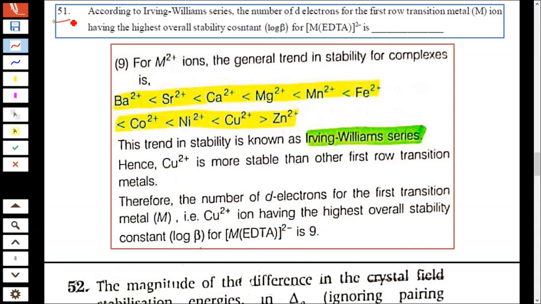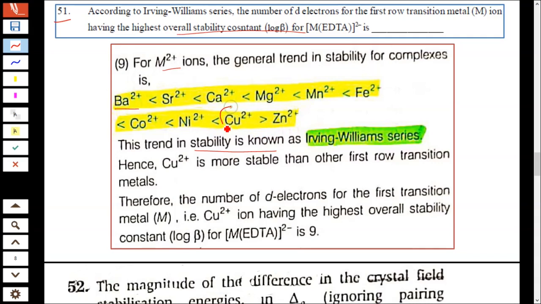Question number 51. According to the Irving-Williams series, the number of d electrons of the first row transition metal M2+ ion having the highest overall stability constant is... The Irving-Williams series is the increasing order of the trend of stability constant: barium less than strontium less than calcium.